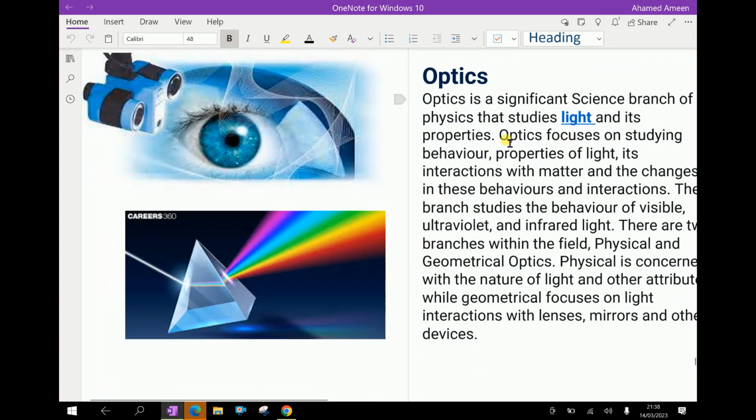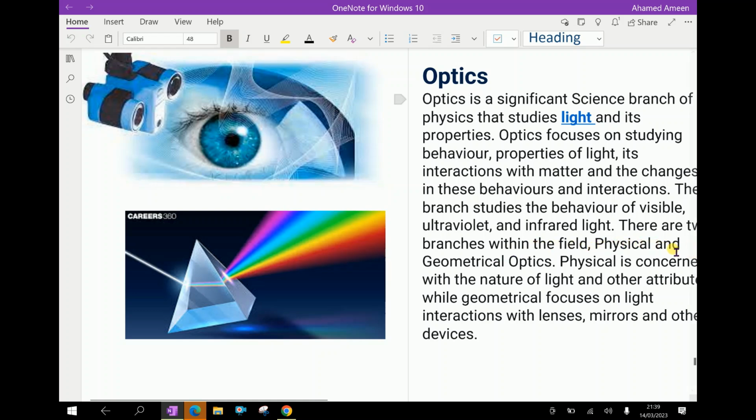Optics is a significant science branch of physics that studies light and its properties. Optics focuses on studying behavior properties of light, its interaction with matter, and the changes in these behaviors and interactions. The branch studies the behavior of visible, ultraviolet, and infrared light.